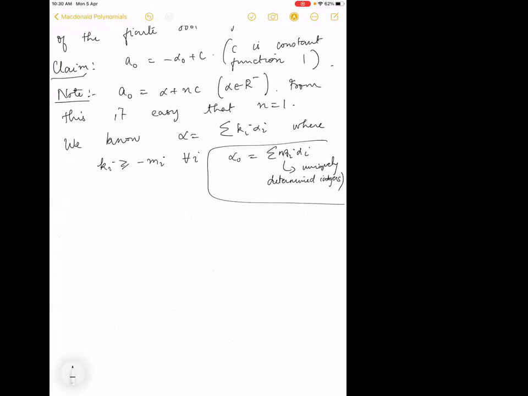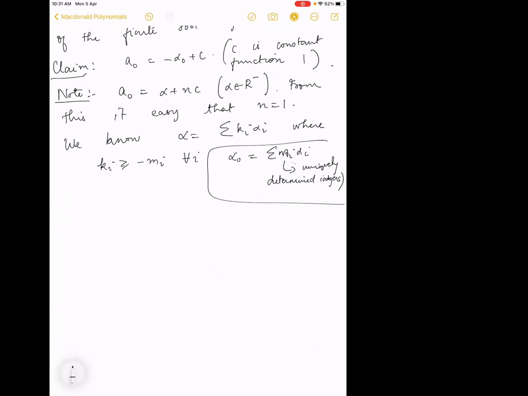Anyway, you can see that this is one of the properties of the highest root, and from this you can see that the simplex defined by these alpha i's and alpha plus c will already include the simplex defined by the alpha i's and minus alpha naught plus c.